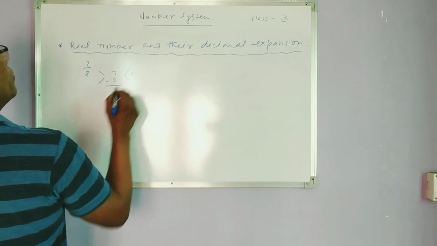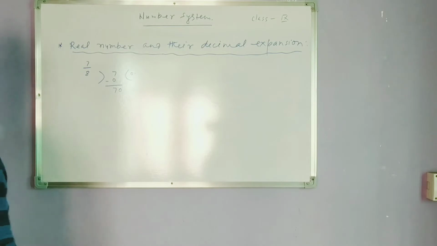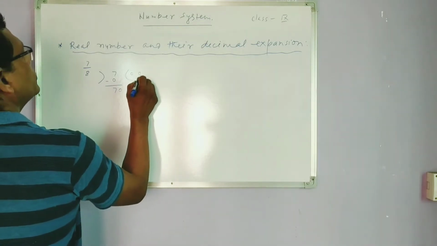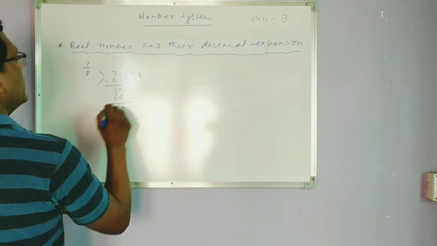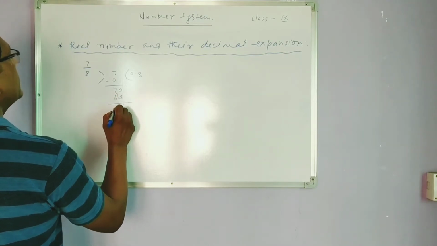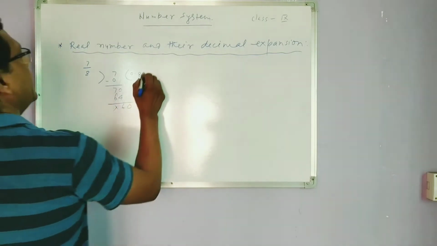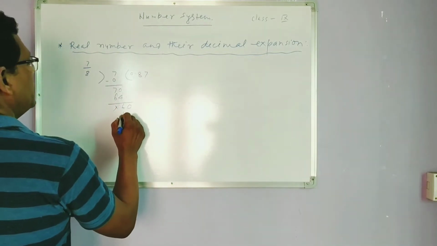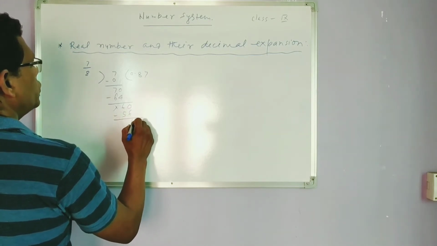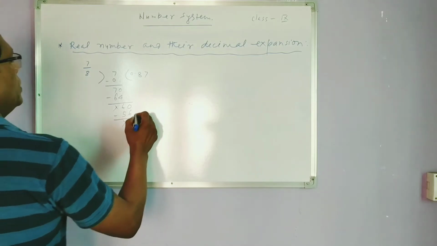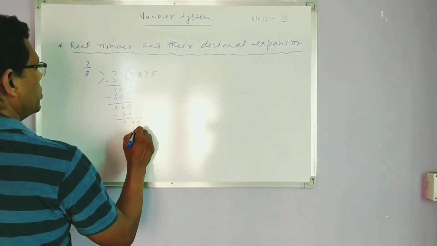Then put a decimal, and we put 10. 8 times 8 is 64. 10 minus 4, 6. Then put 10. 8 times 7 is 56.